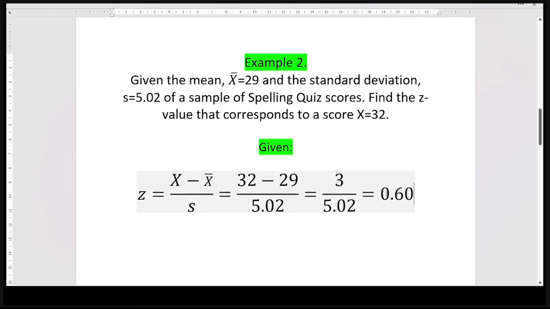As you can see, our z-score now is positive. This is above the mean. The raw score corresponding to it is greater than the mean, and we got it. Thus, the corresponding z-score of the raw score 32 in this sample data is 0.60 to two decimal places.